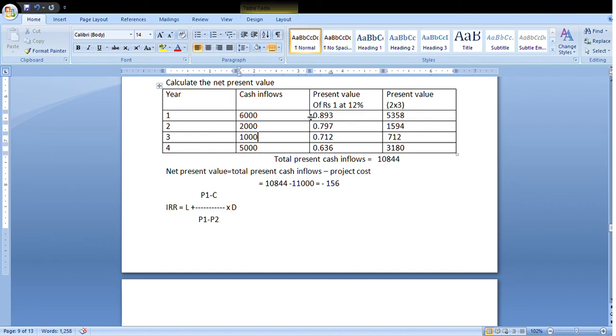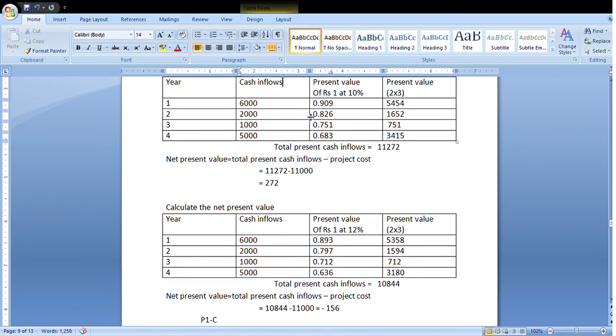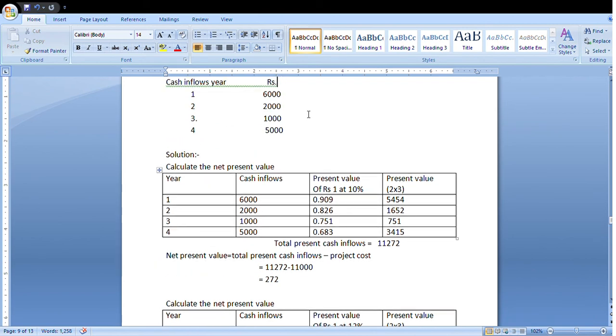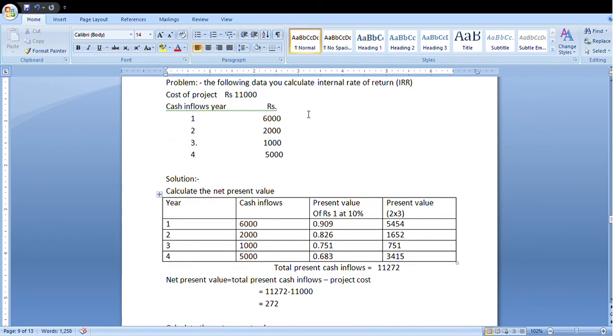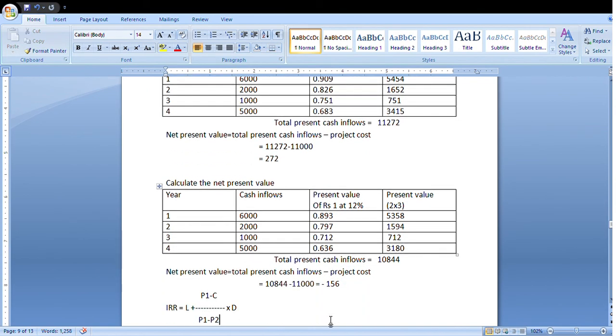Project cost is given in the problem, 11,000. So 10,844 minus 11,000 is minus 156.